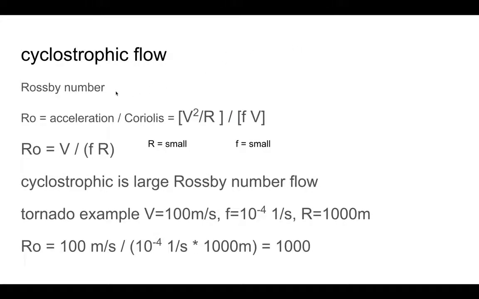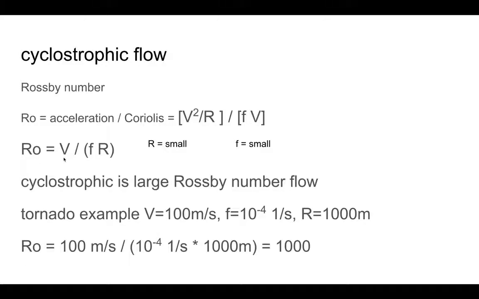And we can look at the Rossby number in this case. We can look at the ratio of the acceleration to the Coriolis. And the acceleration is the centrifugal acceleration, v squared over r. When Coriolis is fv, the minus signs cancel in this case. And we can cancel out one of the v's.